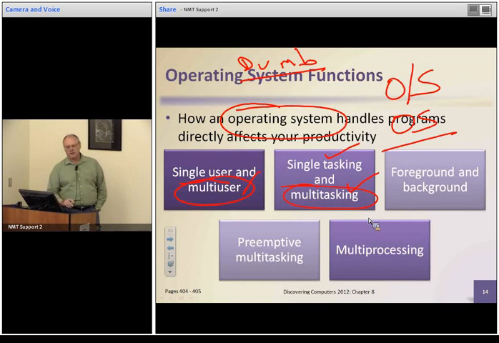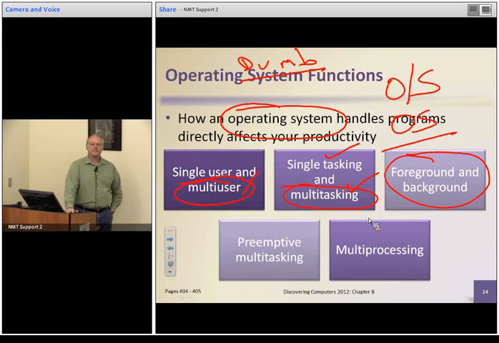Multitasking might be many computers now have hundreds of processors running at one time. And then there's master processors which bring it all back together. Another concept is foreground and background. Right now, the foreground program on this computer I'm running, of course, is PowerPoint. There's also another foreground program running, which is Adobe Connect, or at least the web interface to it.